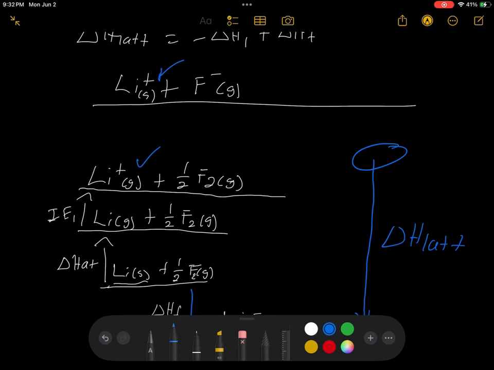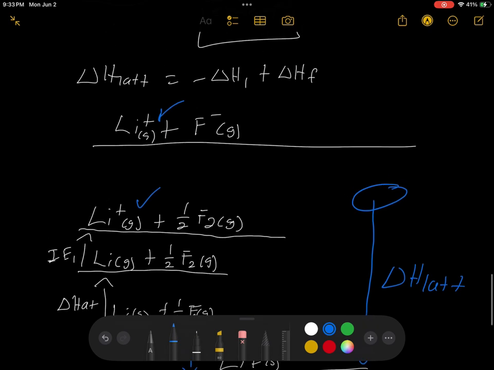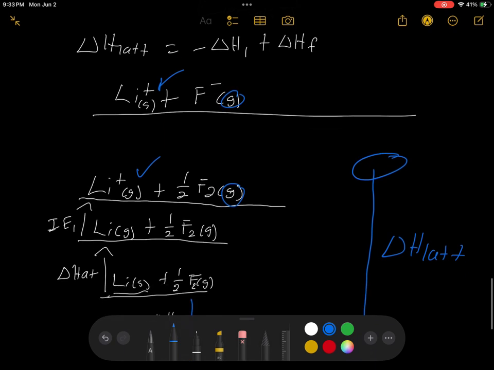But now we need to get our fluorine to do the same, right? You might be thinking, well, we don't need to do atomization because fluorine is already a gas. And that's a decent idea, but it's incorrect. The reason is that we have to recognize this is a single atom, a single ion of fluorine, right? In this part of the equation, that is F2. That is a diatomic bond. Just because we have this 1/2 doesn't mean it's a single atom.